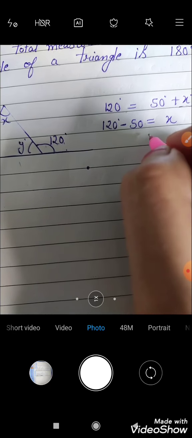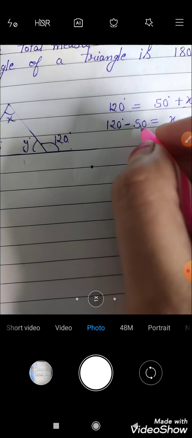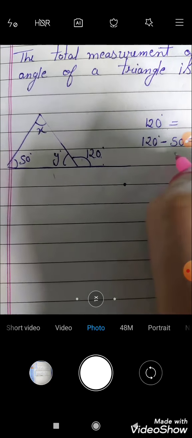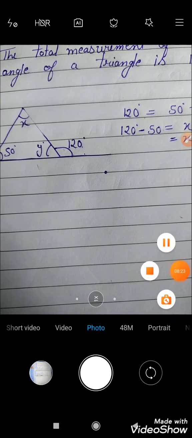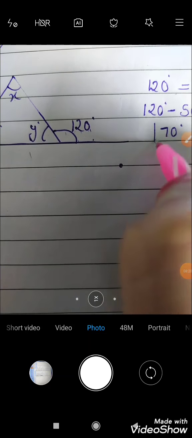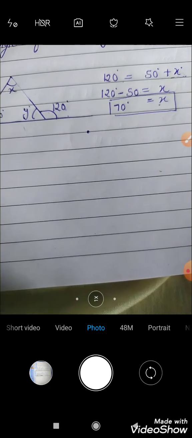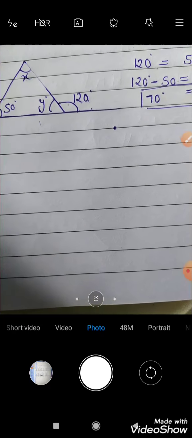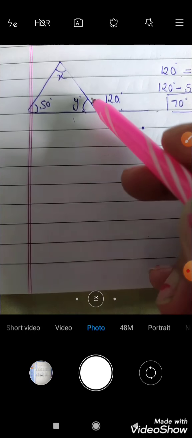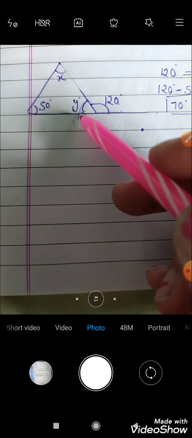Now subtract 50 from the 120, and we have 70 degree in the left side. It means value of x is 70 degree. So from the first property we find the value of x. Now we are going to find out the value of y.